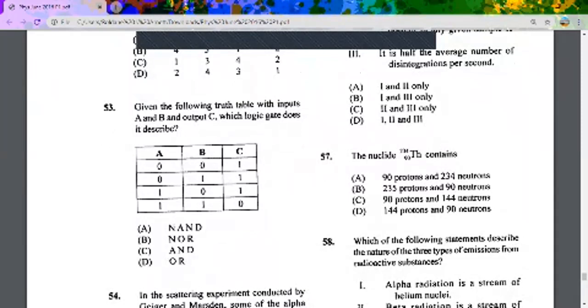Let's look first at the first two inputs, which is 0 and 0. So false and false gives us true to be the result in C, and down in the last row, true and true gives us false.